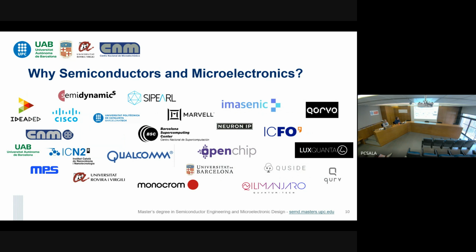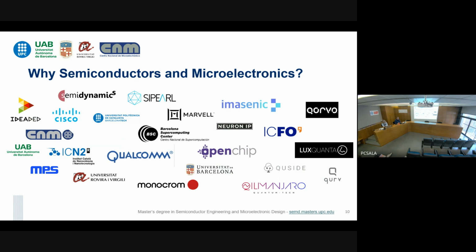The Institut Català de Nanociència. And not exactly semiconductor, but we also have the ICFO, Institute of Research on Photonics, which among different research lines has important activity in silicon photonics, or photonics chips, and also on quantum computation.